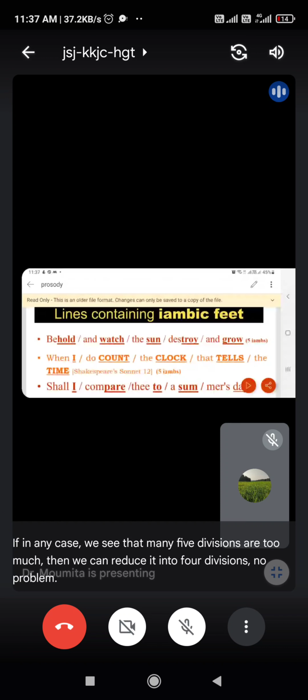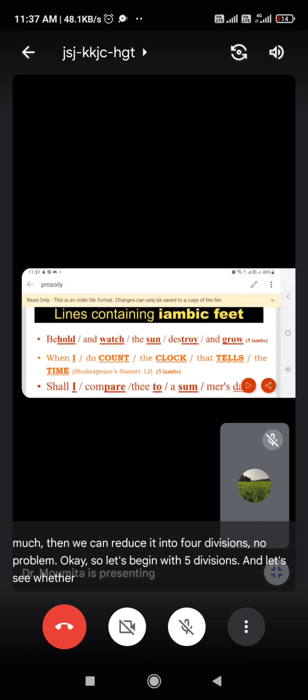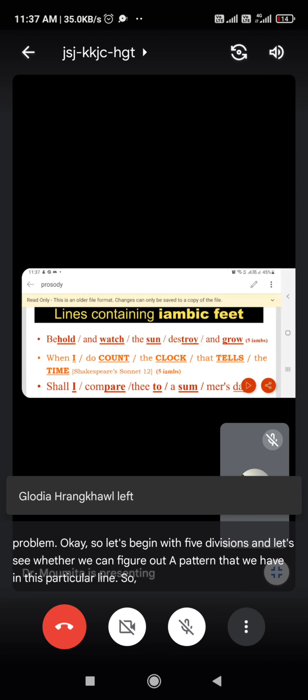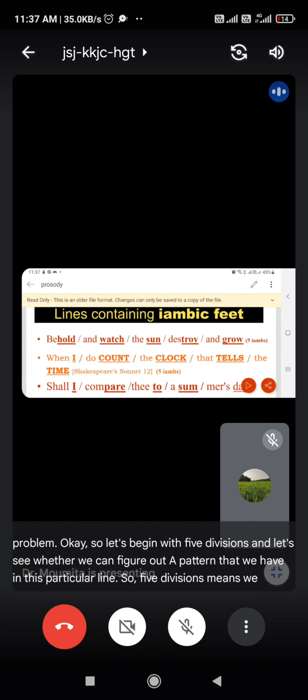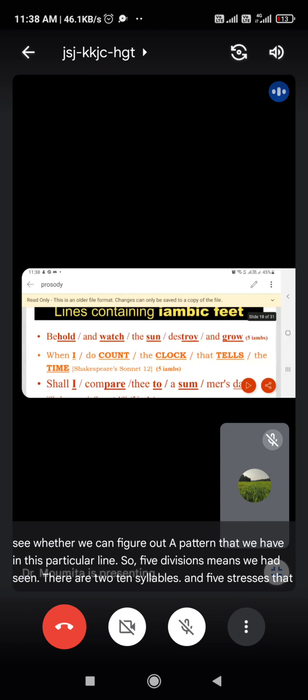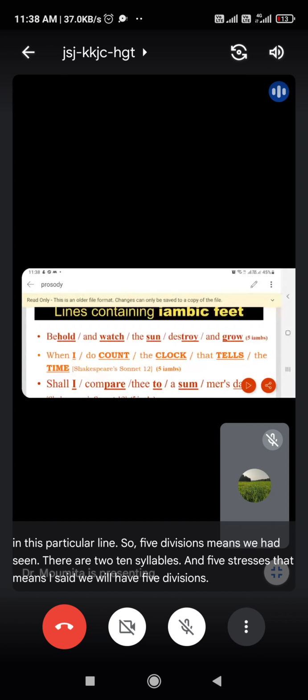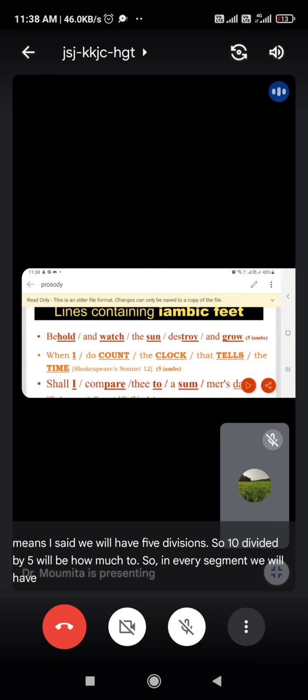So let's begin with 5 divisions and see whether we can figure out a pattern in this particular line. We had seen there are 10 syllables and 5 stresses, so we will have 5 divisions. 10 divided by 5 will be how much? 2. So in every segment we will have 2 syllables.